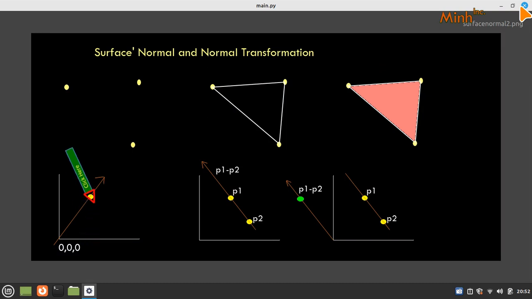So if this point is P, any P, then the vector equation will be P. This is one vector. It has direction, we can see, and it has magnitude.